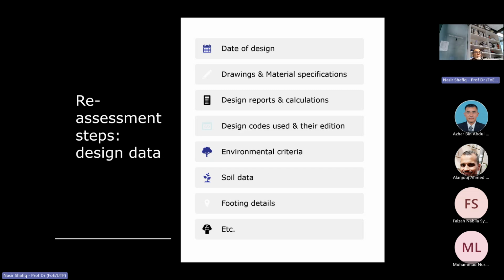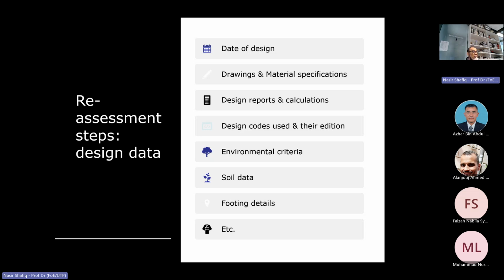The relevant design and material specification: what were the design assumptions, what material was used, what were their specifications, and where are the as-built drawings, which are important for the reassessment.